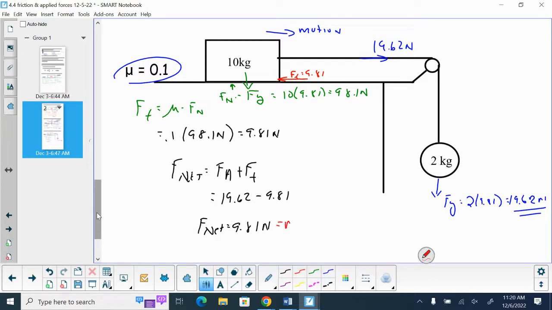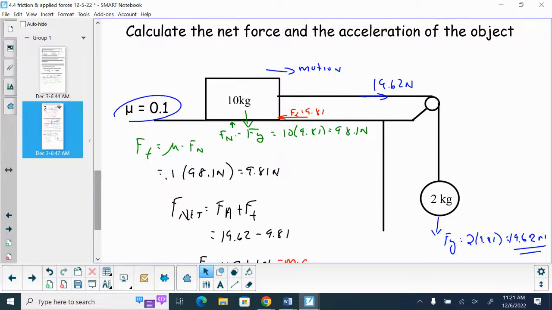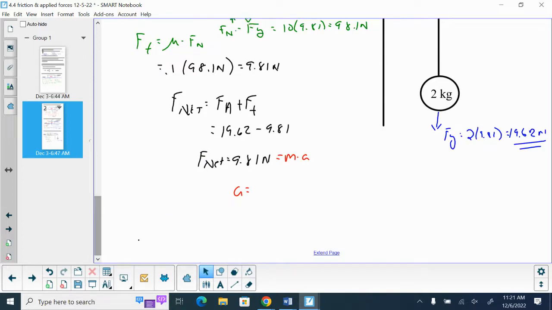This is equal to mass times acceleration. So to find our acceleration, what are we going to have to divide by? 12. Because once again, both of these masses are moving, so we have to deal with the total mass.